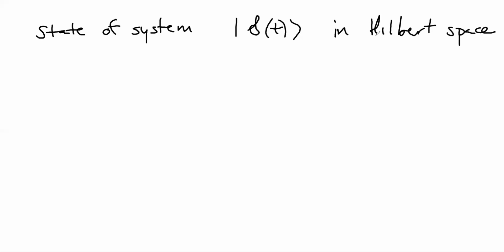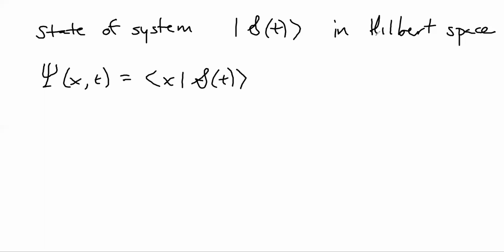And then our wave function is a coefficient of expansion of this vector on the basis of position eigenfunctions. So our wave function that has to do with position and time is going to be an expansion using those position eigenfunctions of this vector that's the state of our system, right?